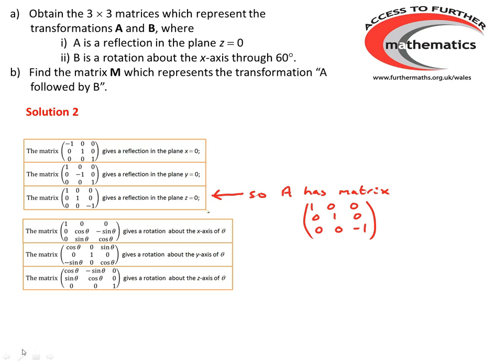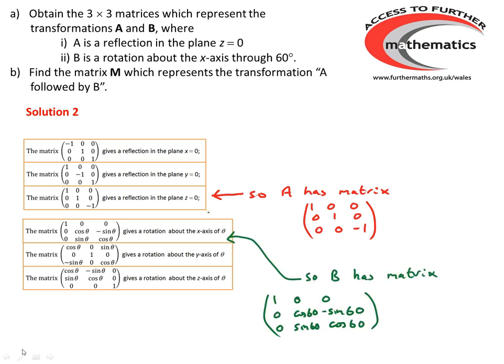And then for the transformation B, we're doing a rotation about the x-axis. So the matrix B is going to be given by 1, 0, 0, 0, cos 60, minus sine 60, 0, sine 60, cos 60, which is 1, 0, 0, 0, a half, minus root 3 upon 2, 0, root 3 upon 2, a half.